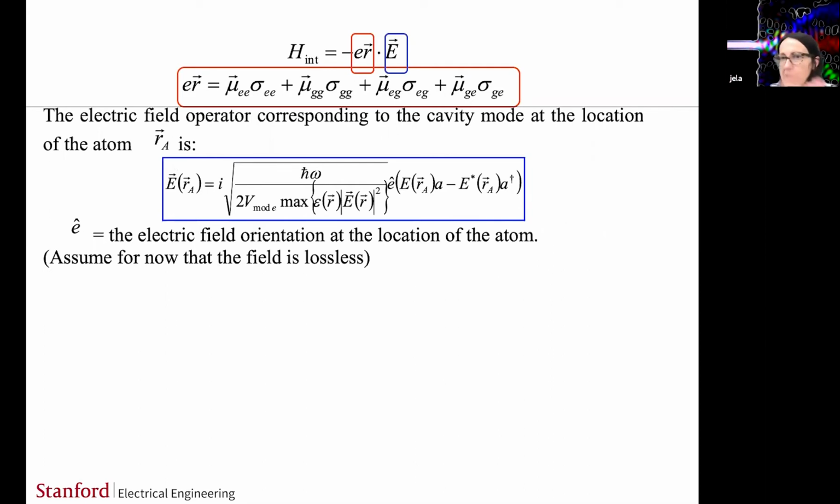So you don't really care about the electric field modes that have frequency very different from the transition of the atom, which is why I removed the sum here. But in some special cases, you may have two modes of the electric field interacting with the atom, in which case you have to expand the treatment that we have here. For now, I assume that only one mode interacts, and that's the mode described in the operator.